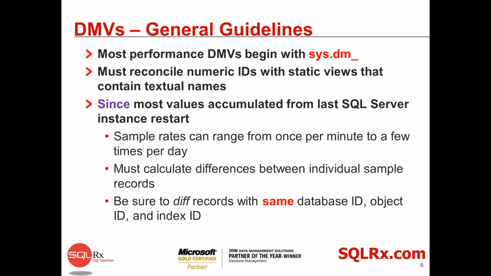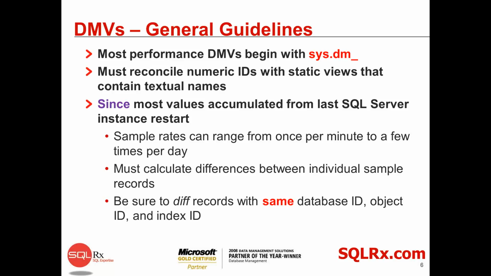But that's what we're after here: you have to calculate the differences between individual samples because the numbers constantly increase. And if you just use the raw numbers, then you go back to the time when SQL started, which for some of my customers has been several years. So this is something that you have to keep in mind.